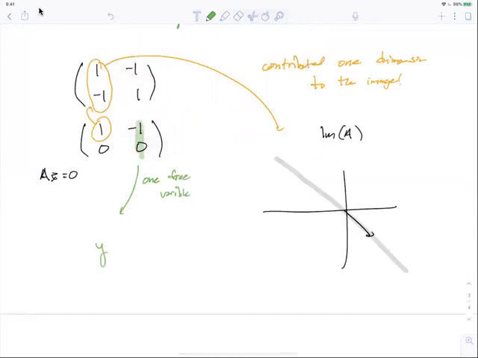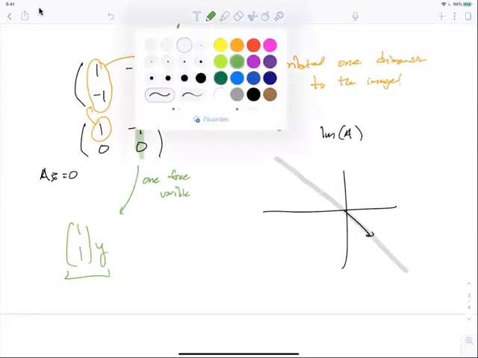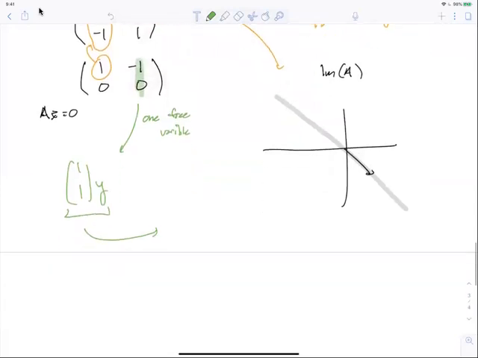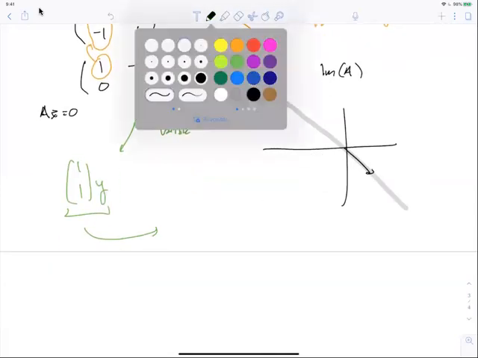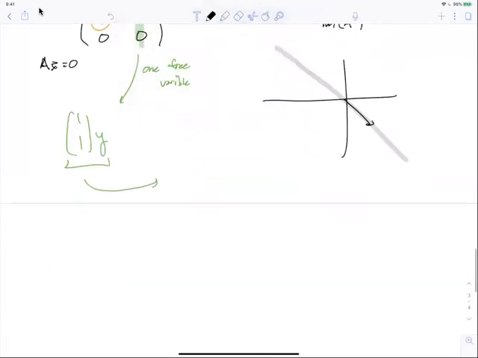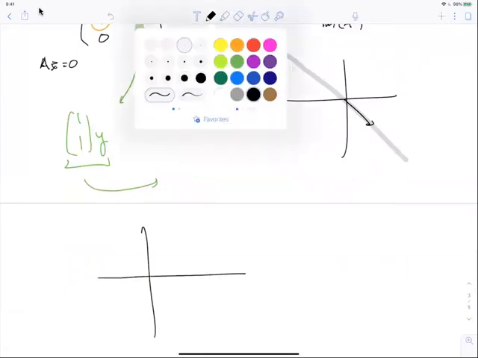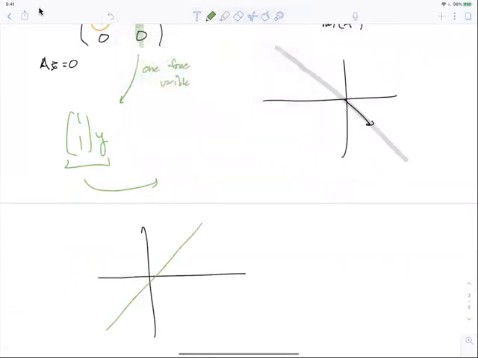That free variable is going to come along with some vector. In this case, it's 1, 1. And now this missed pivot position gives us a free variable, which gives us a vector. And that vector then is going to give us 1 dimension in the kernel. So the kernel is going to look like this. So this is the kernel of A.